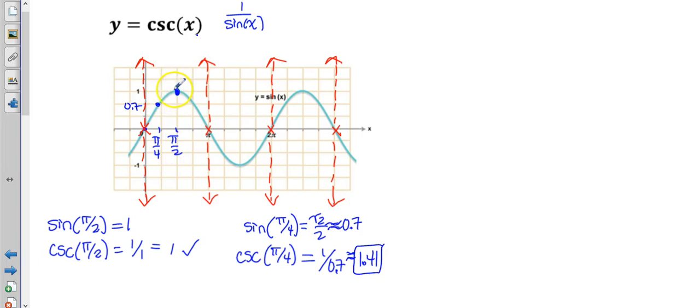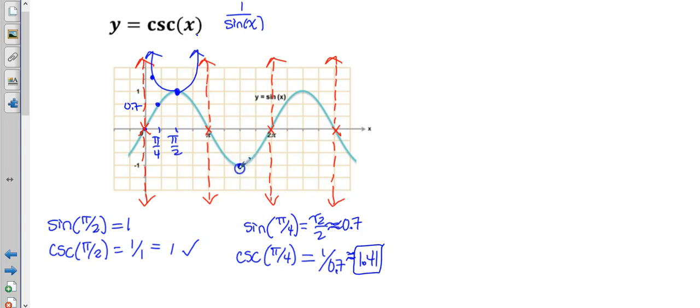So for cosecant, this ordered pair gets sent up here. Like if this is 1, 1.4 would be up here approximately. And that's actually going to happen with all of these. All of these points get, I almost want to use the word reflected, up.